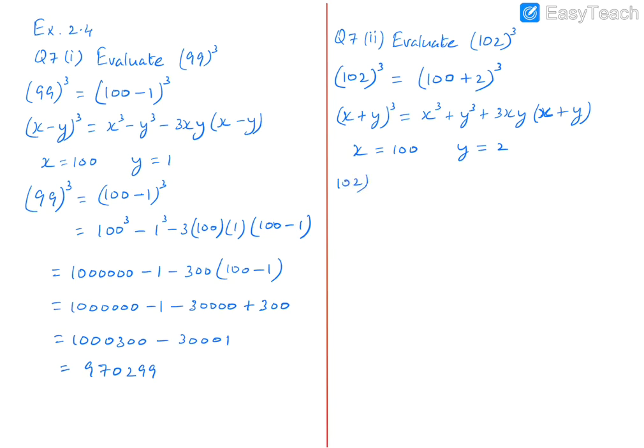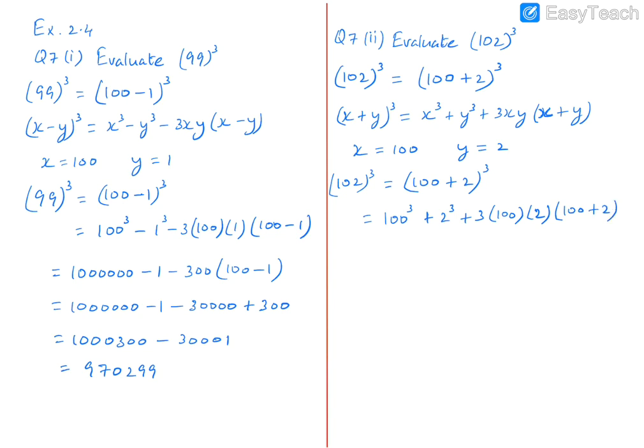So we can write our 102 cube as 100 plus 2 the whole cube, which is 100 cube. The first term is x cube, so 100 cube plus y cube. Y is 2, so plus 2 cube plus 3 into x into y, so 3 into x is 100 and y is 2 into x plus y, so that's 100 plus 2.